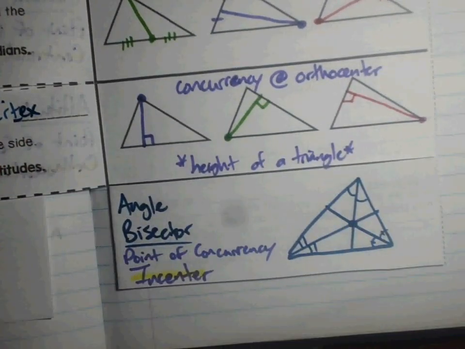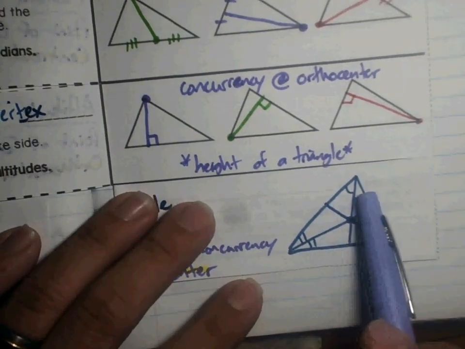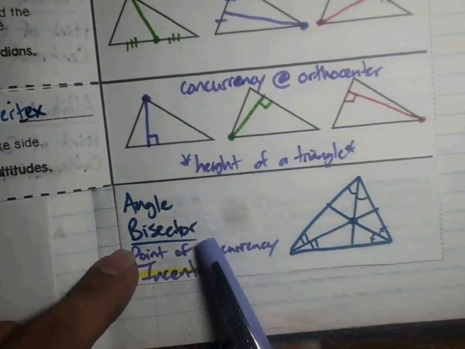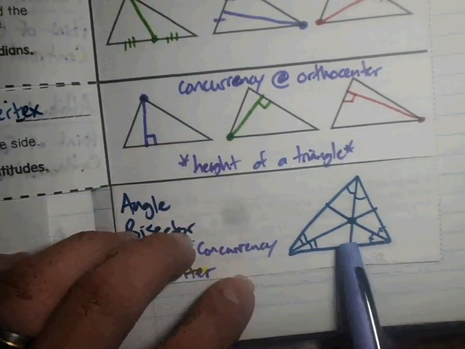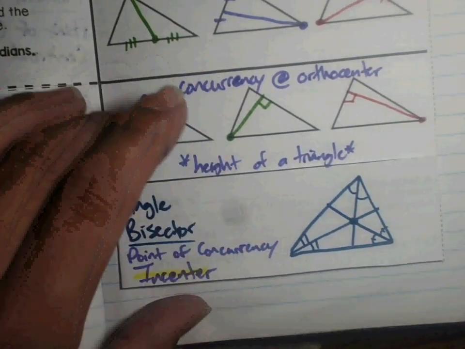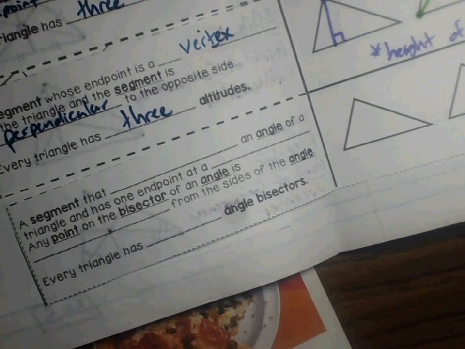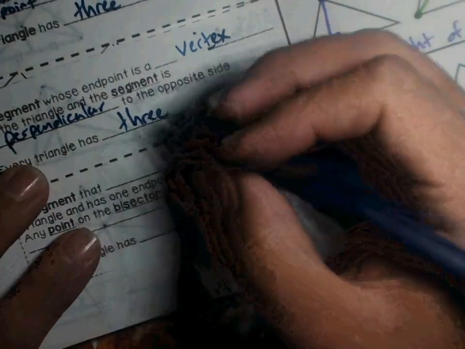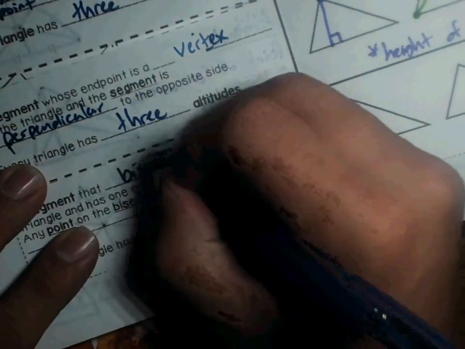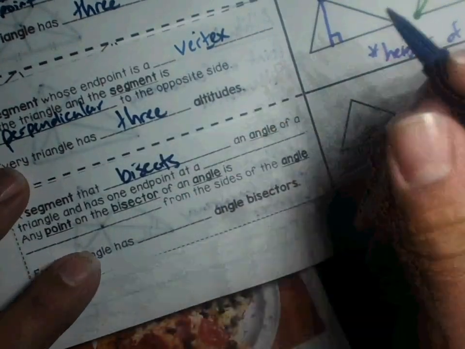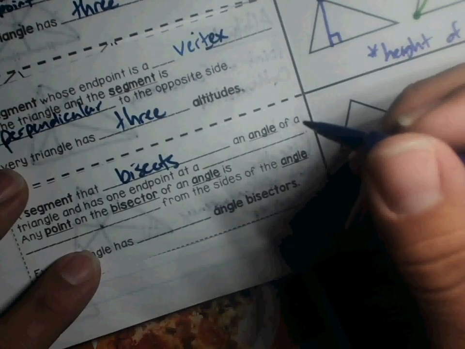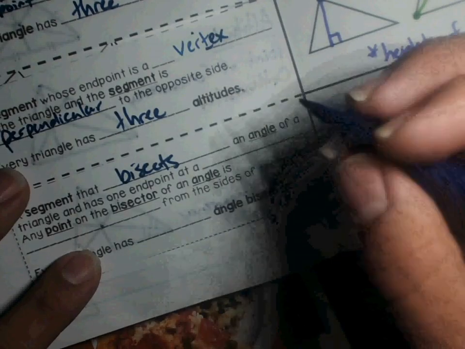This one doesn't have to do with the sides, but with the angles themselves. An angle bisector splits the angle, and they all meet at the incenter, which is this point right there in the middle. It's confusing, but we'll get there. It's a segment that bisects an angle of a triangle, and the endpoint is at the vertex.